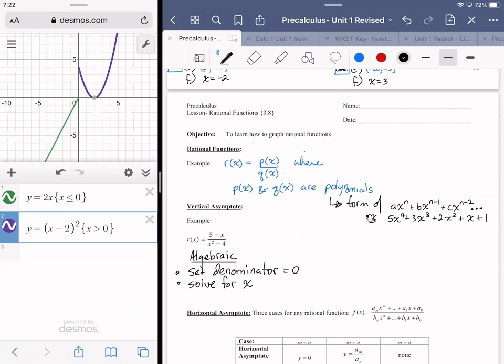The location or locations that you arrive at will be the location of the vertical asymptote. The vertical asymptote itself is a vertical line that the curve approaches.